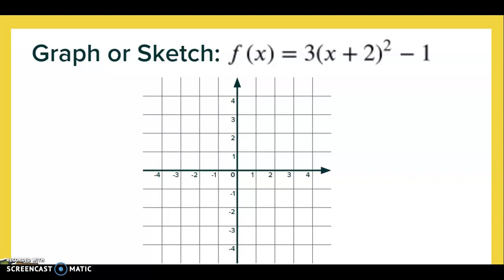Your vertex should be at -2, -1. It should shift to the right 2 times. I'm sorry, left. See, that plus sign threw me off. Plus sign, we do opposite. So it should move to the left 2 times and then down 1.